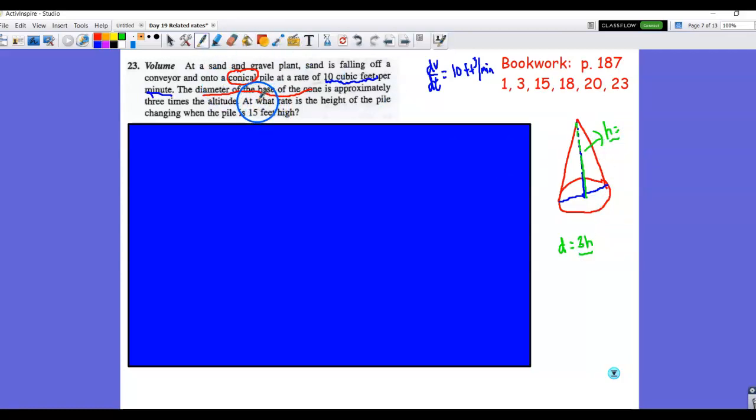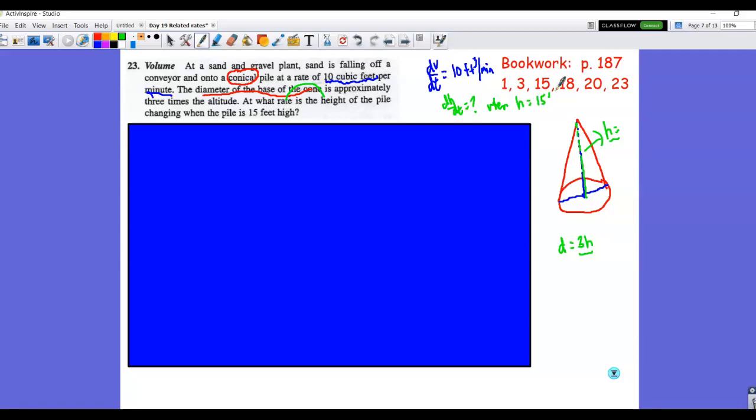All right, let's see what they want us to find. At what rate is the height of the pile changing? So I want the height rate, which is right there. So I want to know dH dt is equal to what when H is equal to 15 feet. Now remember, all these values are changing.